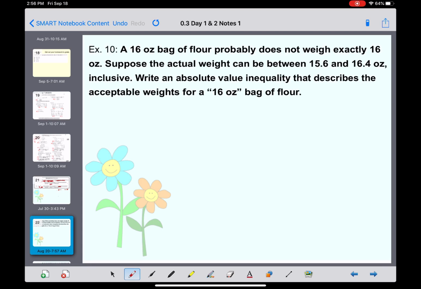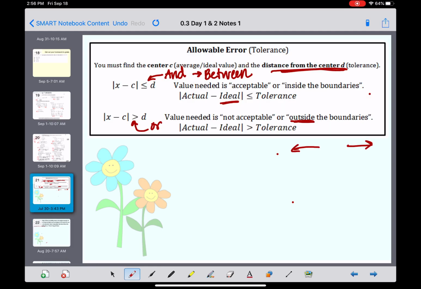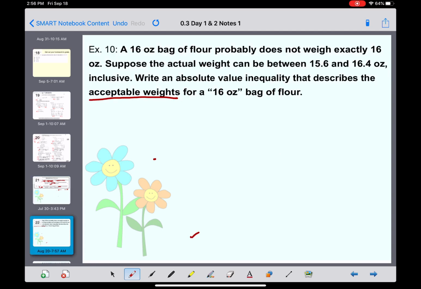So first thing we have to look at is, are we going to be finding an and or an or situation? So it asks for what are the acceptable weights. So if we look back at what I was talking about in the last one, acceptable means and, between. So we want to know between what weights is it acceptable. So that tells me that it's an and situation.